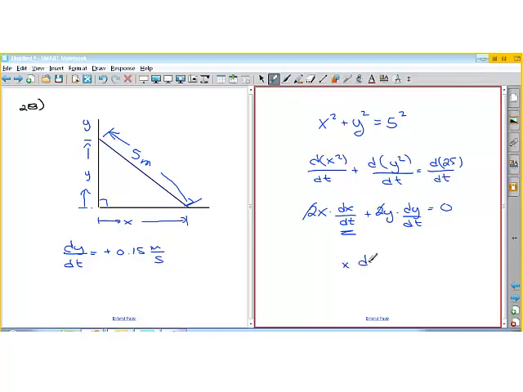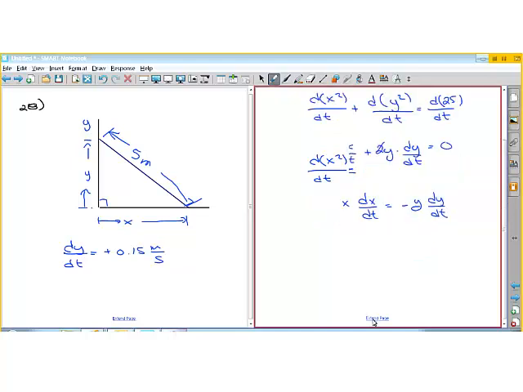So we get x times dx/dt is equal to negative y times dy/dt. And then to solve for dx/dt, we divide both sides by x. So we get dx/dt equals negative y over x times dy/dt.